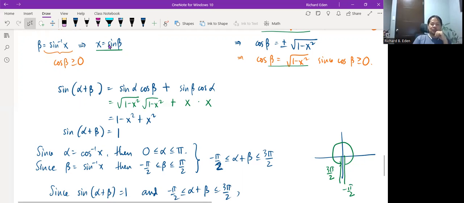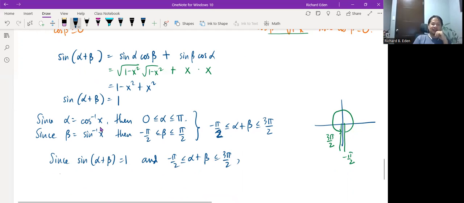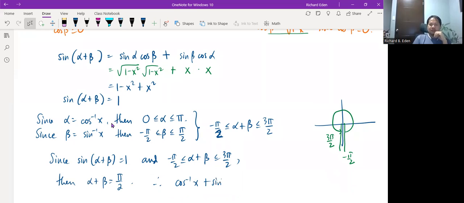Then we are sure that alpha plus beta is equal to pi over 2. Therefore, cosine inverse of x plus sine inverse of x is always going to be equal to pi over 2, no matter what.